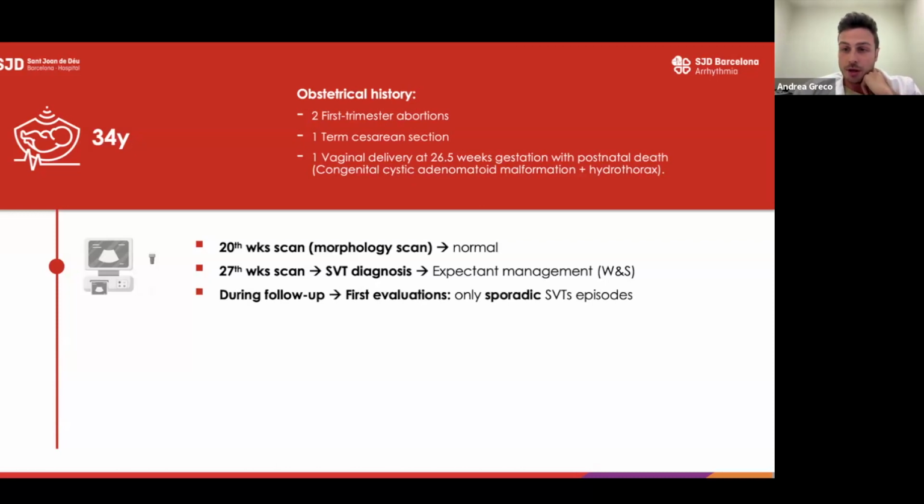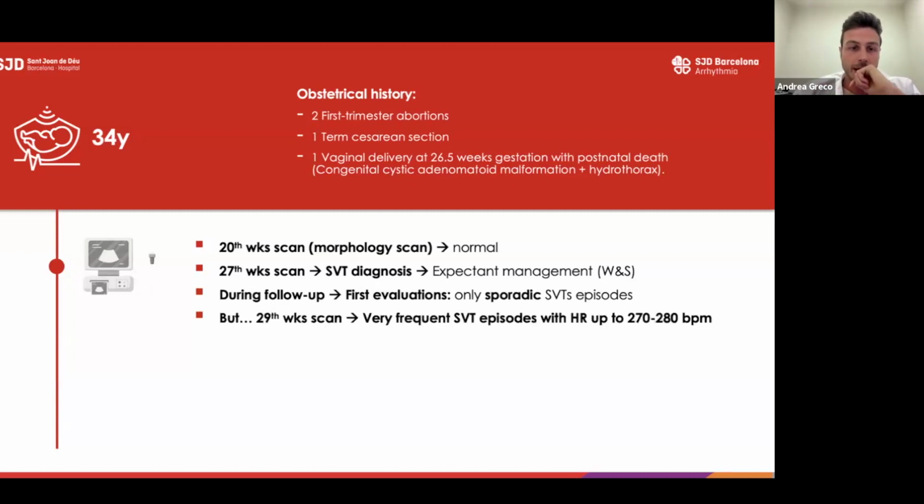So during the follow-up, in the first evaluations, we see only sporadic SVT episodes. But at the 29th week scan, we see a very frequent SVT episode with a heart rate up to 217 or 218 beats per minute.